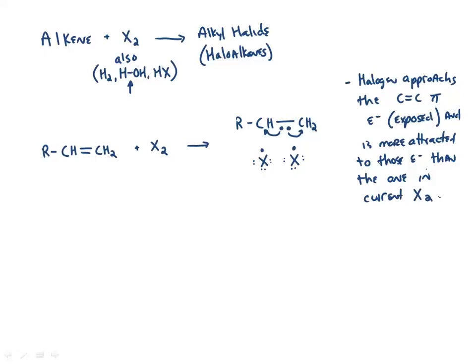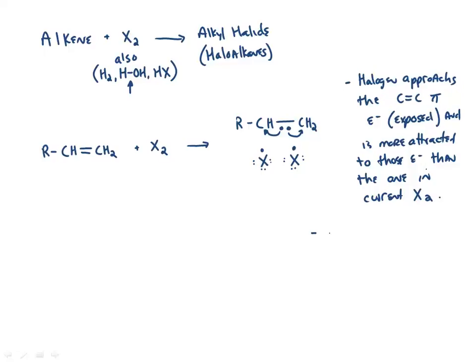And what it's really saying is that halogens are greedy. They're going to take the electron that they can have the most. And the way that they can have an electron the most is if they form a bond with carbon, meaning it's easier to steal an electron from carbon than it is to steal an electron from another halogen.